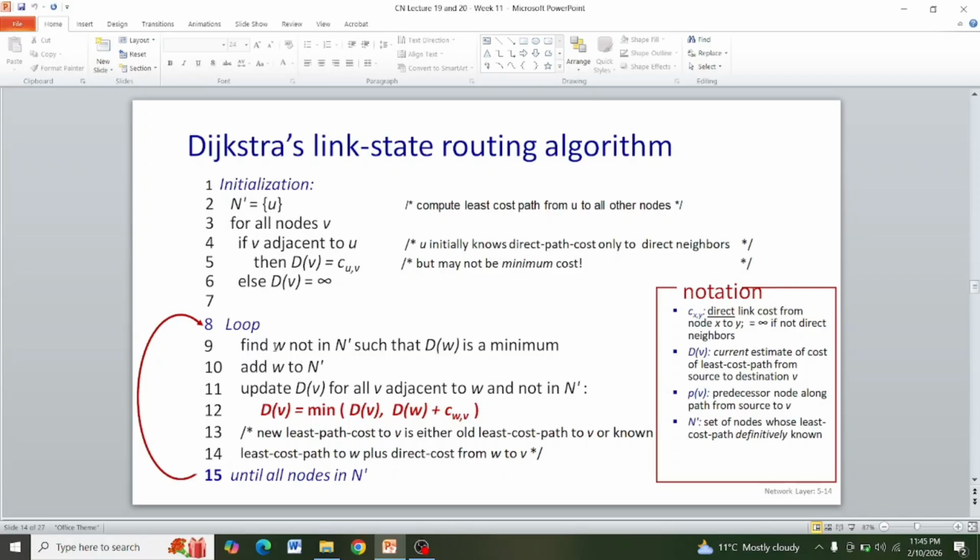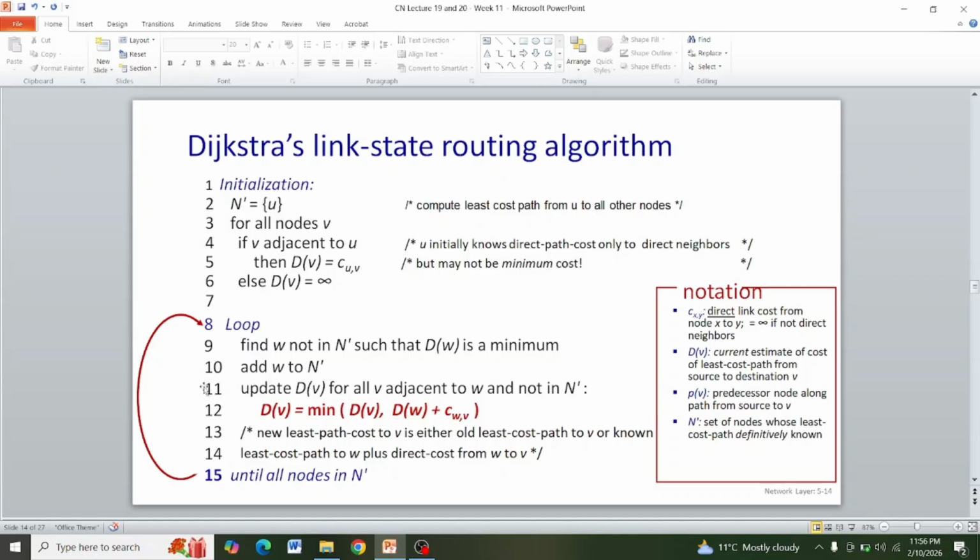Now we are going to find any node W that is not already in N prime and whose value of D is minimum. As we find the node W, we will include this node in the set N prime, which is composed of the least cost path nodes.